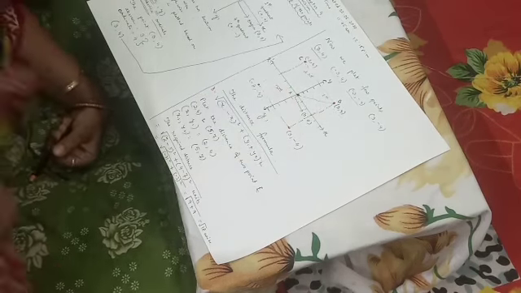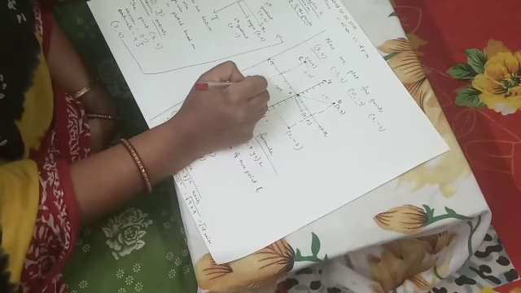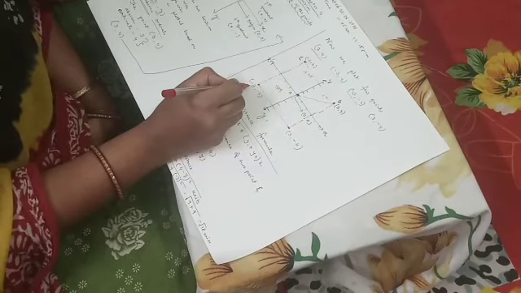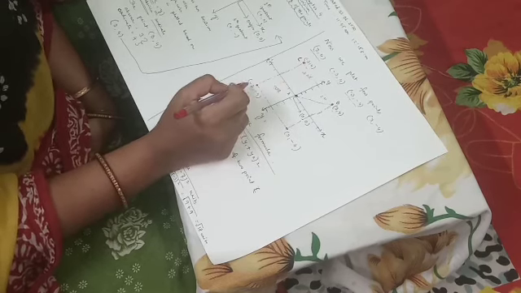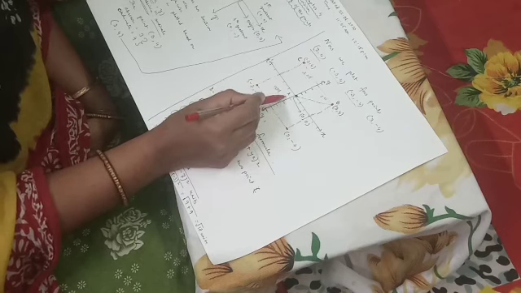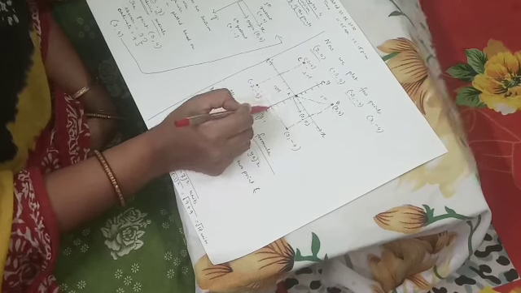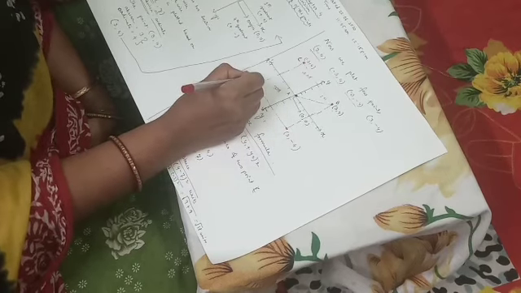Very good children. Now follow my red pen line. Look, this is the third quadrant where the abscissa is -3 and the ordinate, that is the y-axis, is -4. So just name the point as D.